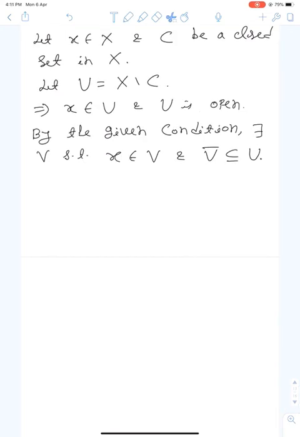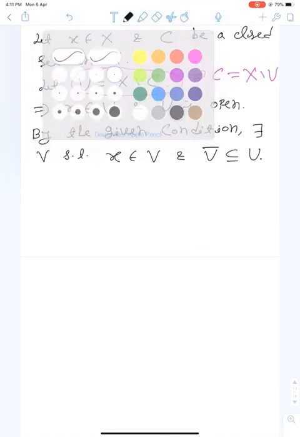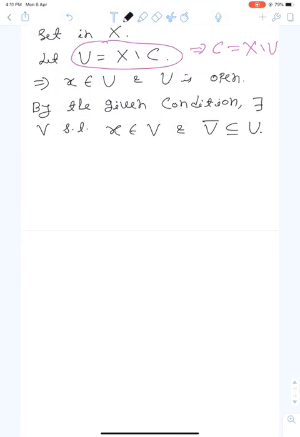It is given that U equals X minus C, so that implies C equals U complement, right? So therefore C equals X minus U, and this is a subset of X minus V closure.